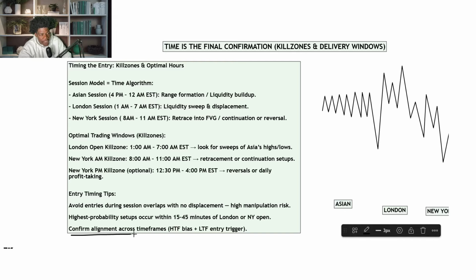Confirm alignment across time frames. Like I stated before, we have to do a higher time frame bias to then scale down to see our lower time frame entry trigger. You can't scale down to the lower time frames and just think you're going to see it clearly, right? You have to have a correct directional bias to know exactly that price will pull back inside of this 4-hour fair value gap.